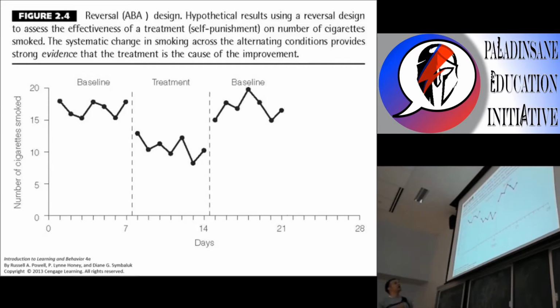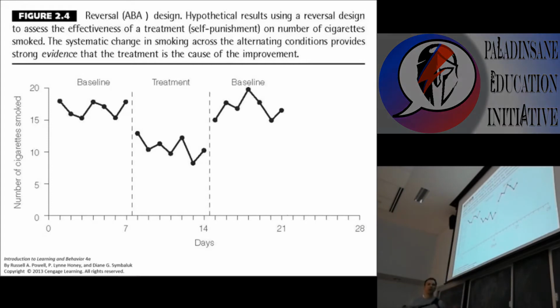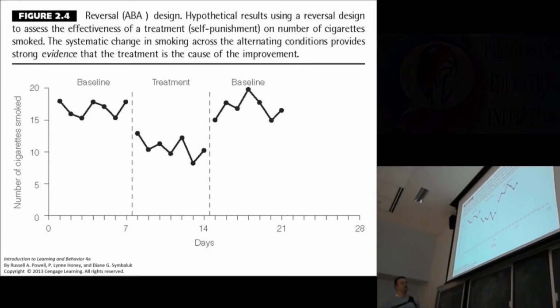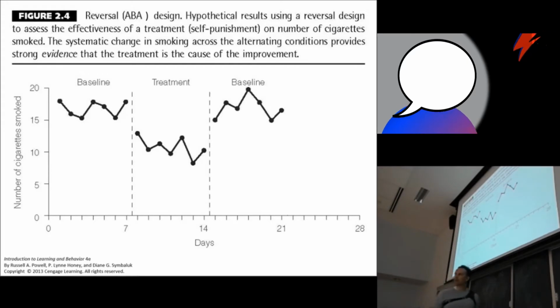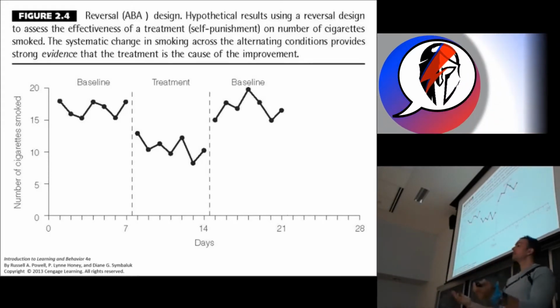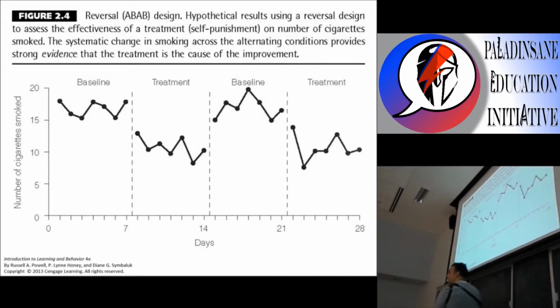So this pattern here, where the baseline phase brings the behavior back to the original baseline phase, that's strong evidence that it's your treatment that caused this change in behavior, at which point, on week 4, you would say, you know what, looks like the treatment is effective. This is what I want you to do for the rest of your life. Keep $5 bills in your pocket whenever you want to smoke, rip up a $5 bill, and that treatment will be instituted, and their behavior, because we now know that it's effective, will gradually go down and down and down.